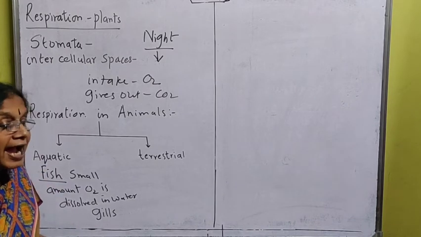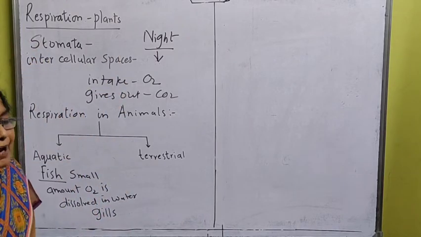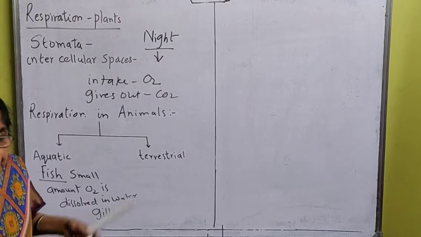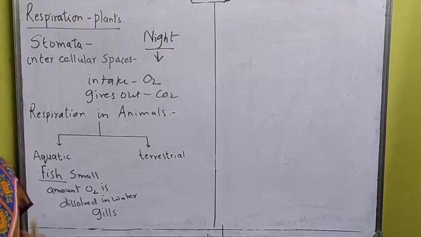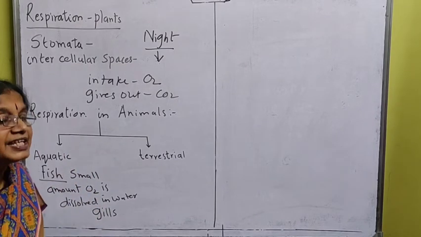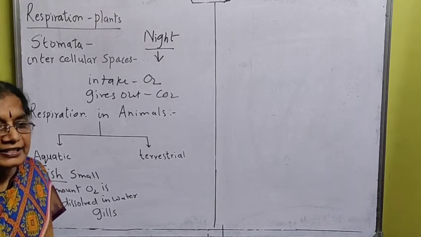Why? Because energy is needed for the animals also, and energy is needed for the plants. For what purpose is energy needed for the plants? To grow. And the same thing for the animals also. So the oxygen should reach each and every cell of the body.